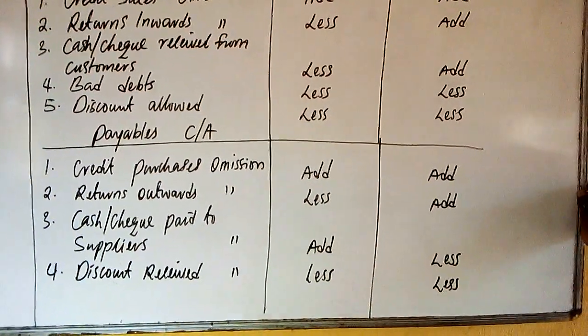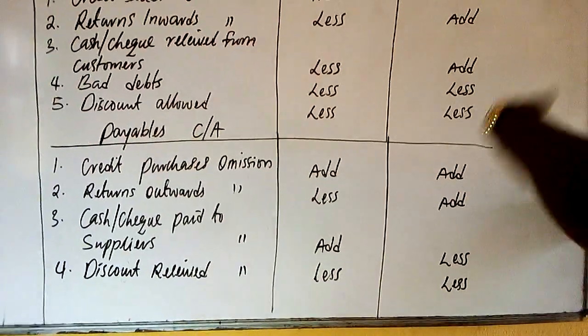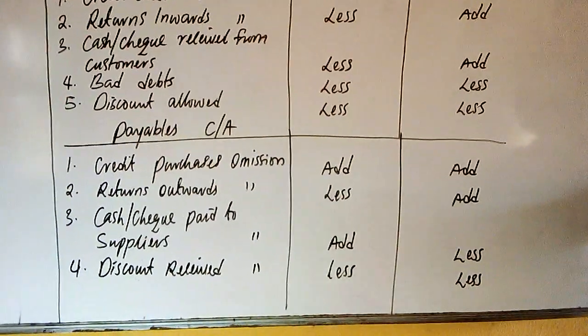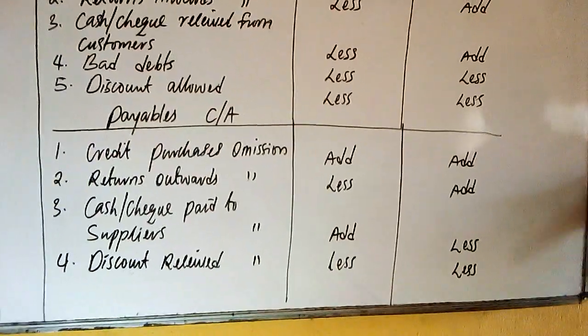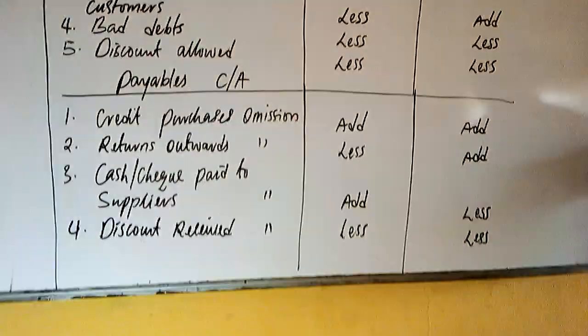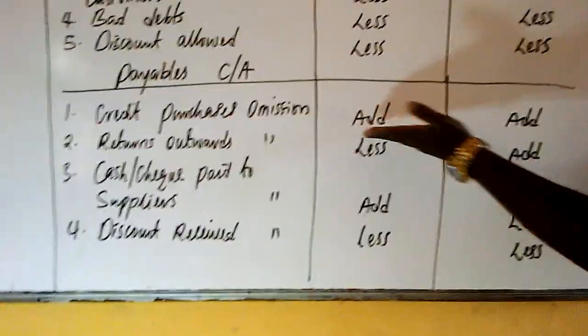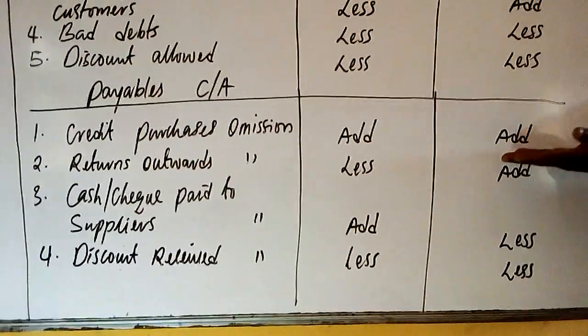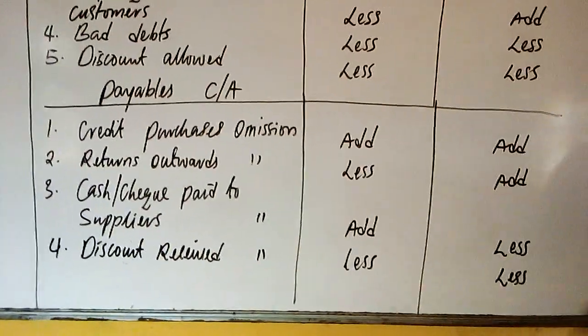Because if there's credit purchases, it means the amount that the business is owing is supposed to increase. So if there's an omission or understatement, it means such an amount should be added. And in the same way, it should also be added in the individual subsidiary account to make the two accounts agree.